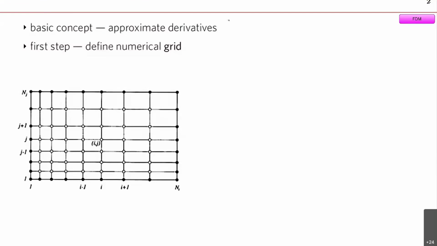Of course, the first step is to define our elemental grid or numerical grid. We look at the grid before, and the ij definition over here: this is in the x component direction, this is in the y component direction, i in x, j in y.